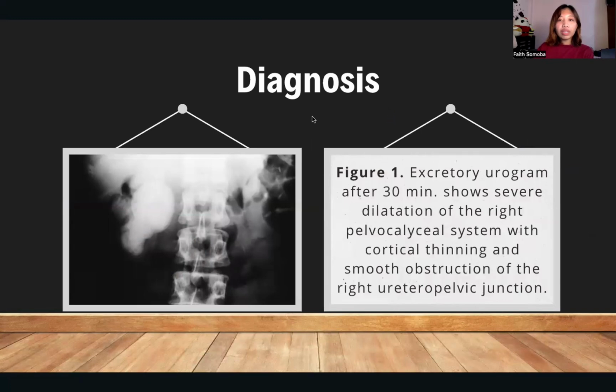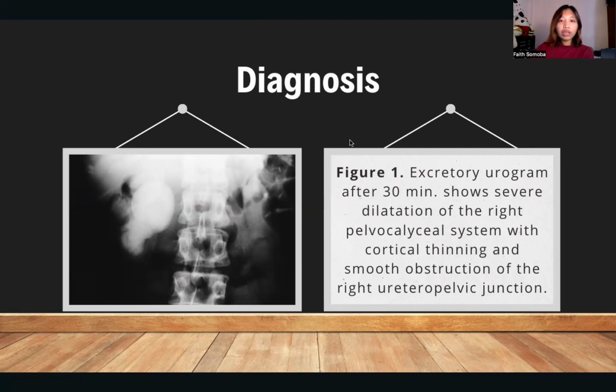Before we tackle these figures in the diagnosis, during the physical examination, the patient had a blood pressure of 110/80 millimeters of mercury and exhibited costovertebral angle tenderness.